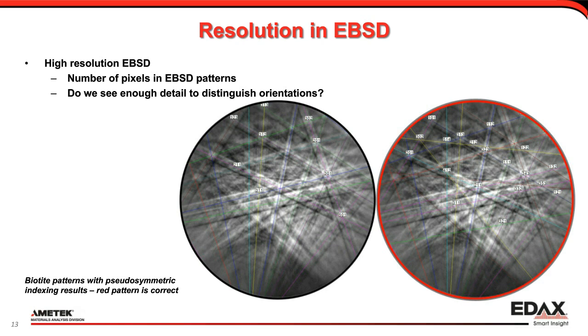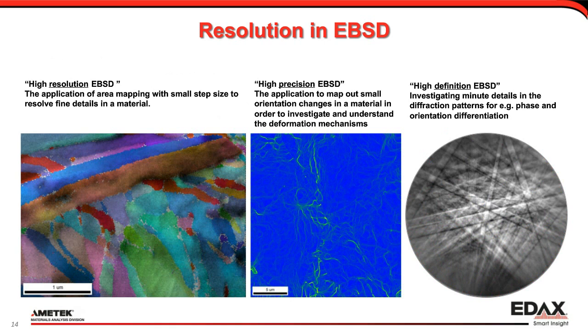You can now see the high resolution EBSD as getting a pattern that allows us to get enough information to distinguish patterns like this for phase differentiation and perhaps specific orientation pseudosymmetry solutions. So if I put these three on one slide, there's high resolution on the left.